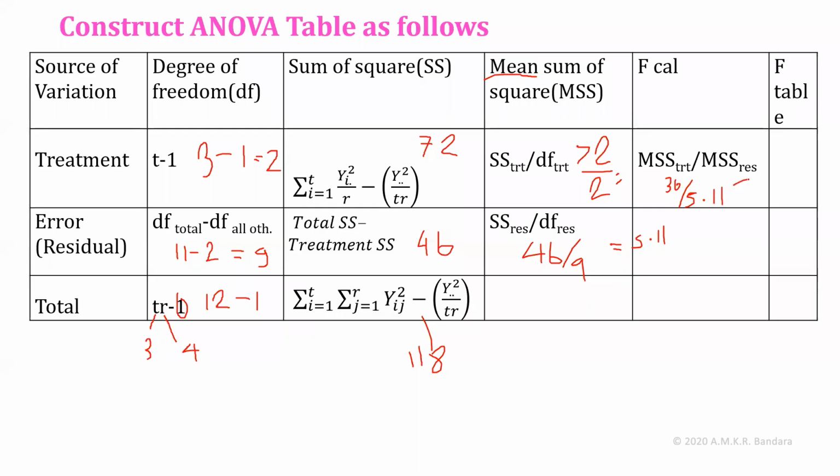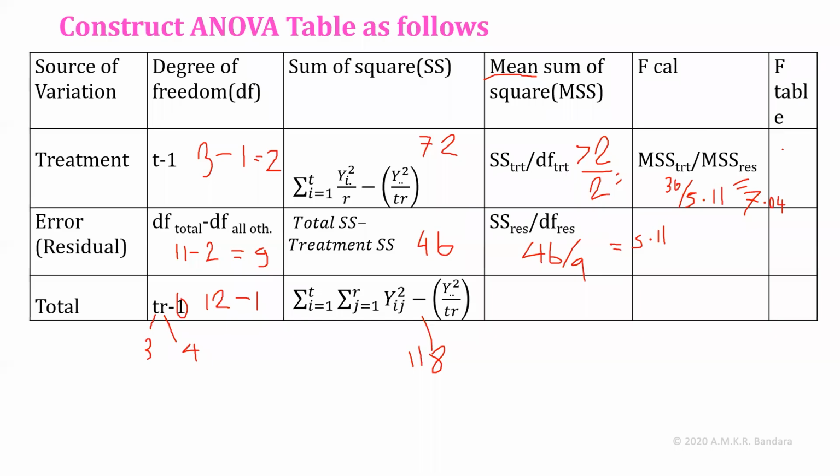So the calculated value is 36 divided by 5.11, that is equal to 7.04. Now you have the calculated F value.